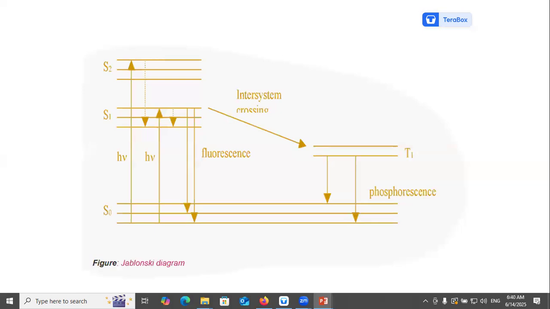Jablonski diagram. Phosphorescence, fluorescence, intersystem crossing.